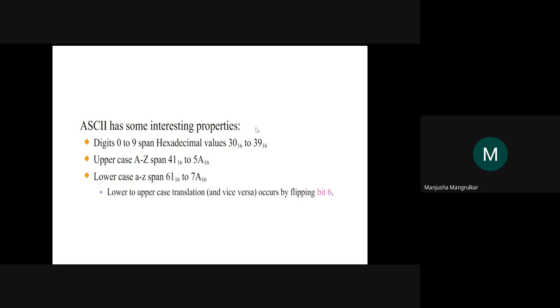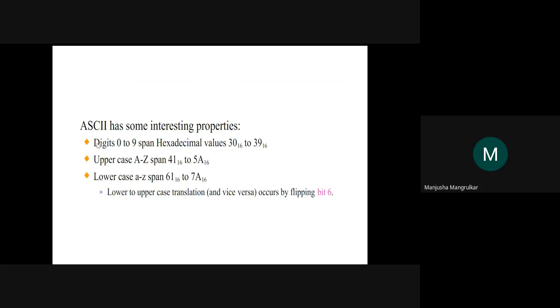So this is 30 to 39. Uppercase A to Z is 41 to 5A. Lowercase a to z is 61 to 7A. All numbers, all capital alphabets, all small alphabets, and all special characters have a standardized hexadecimal value, right?